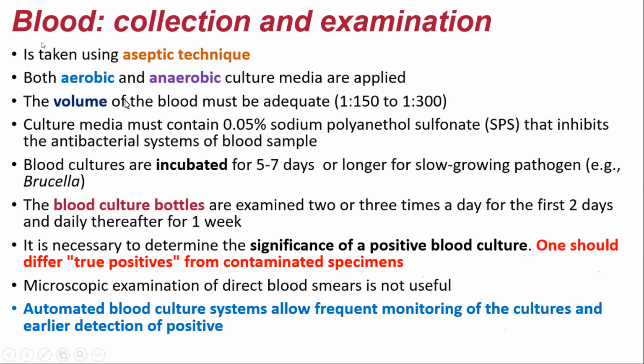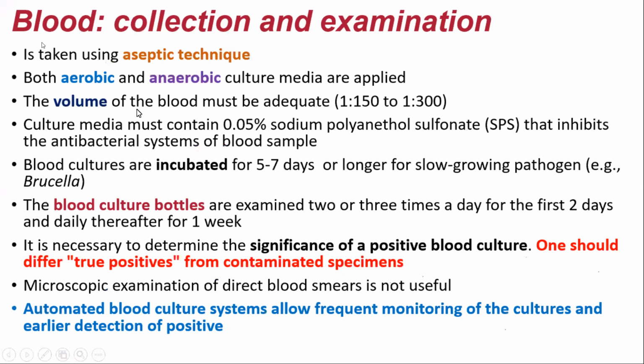The volume of blood inoculated must be adequate. We already discussed in the lesson on enteric fevers that it must be diluted at least 1 to 10. For sepsis examination, the ratio may reach 1 to 150 or even 300.